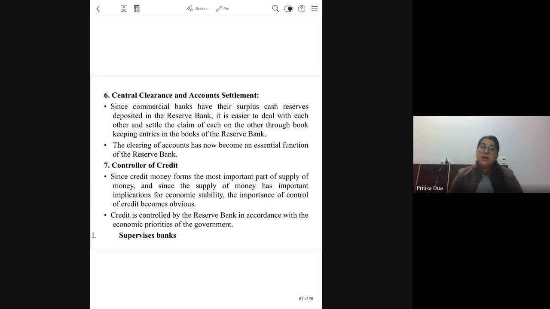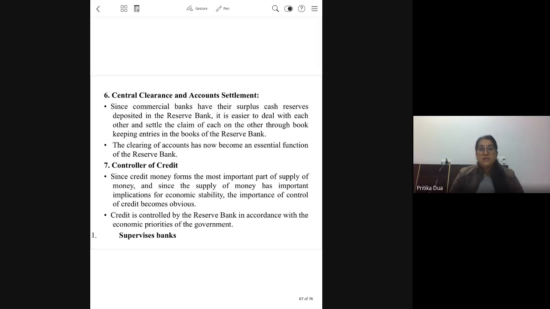RBI is keeping a record of the functioning of all commercial banks in India. Then controller of credit, again self-explanatory. Monetary policy RBI is handling. In monetary policy, the very first function is to regulate the flow of credit in the economy, and then on a quarterly basis RBI reviews the situation in the economy and accordingly updates the monetary policy.